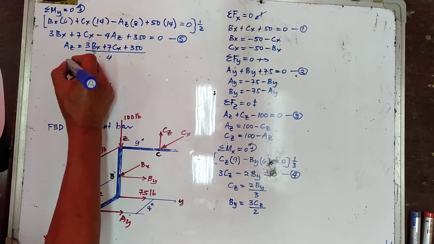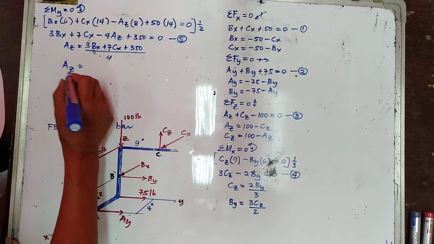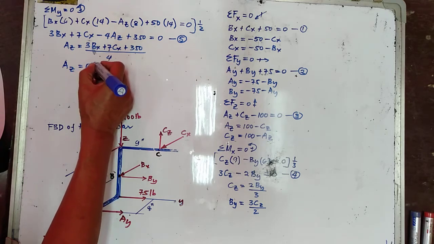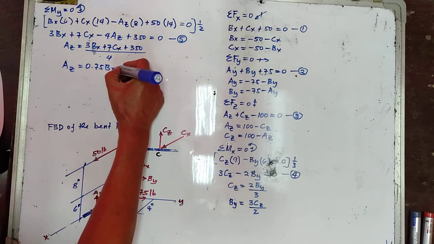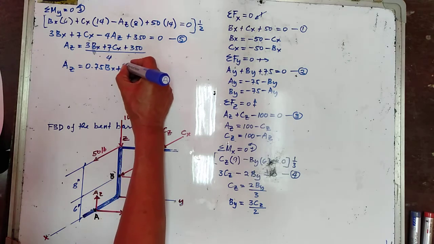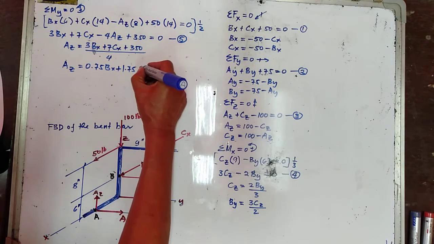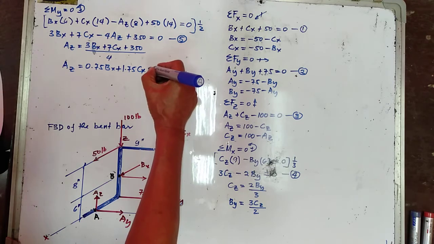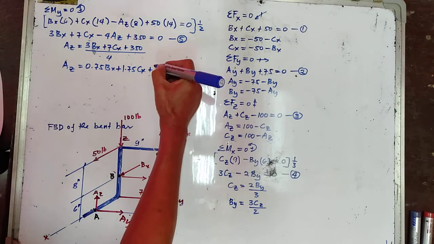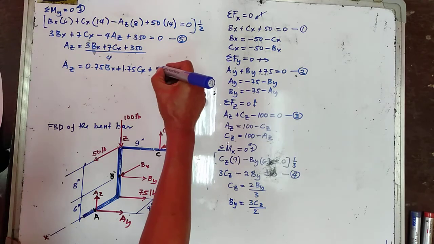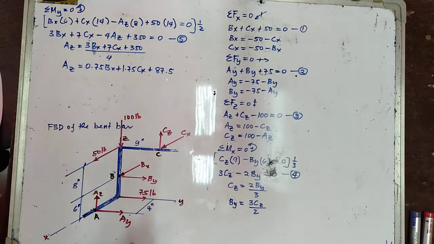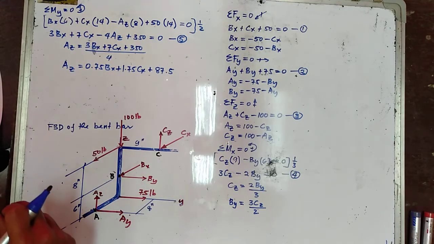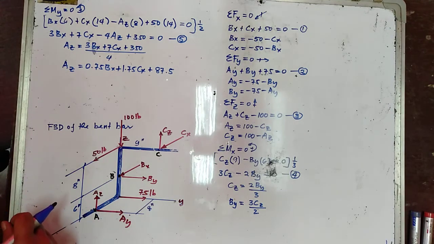So we now have your AZ is equal to 0.75 BX plus 1.75 CX plus 350 over 4, which is 87.5. So that is equal to 87.5.